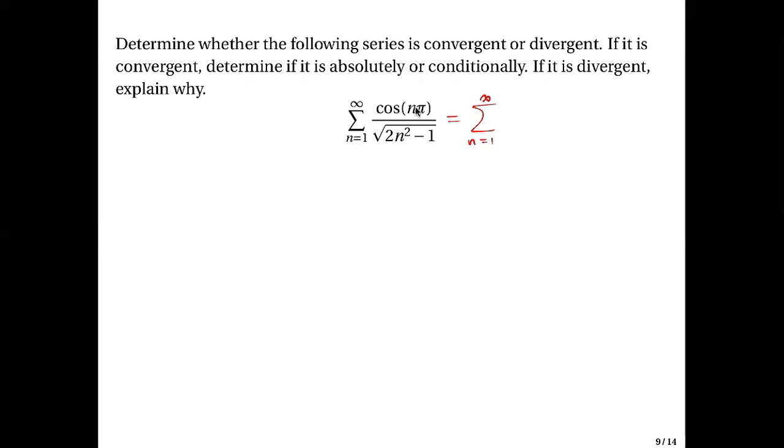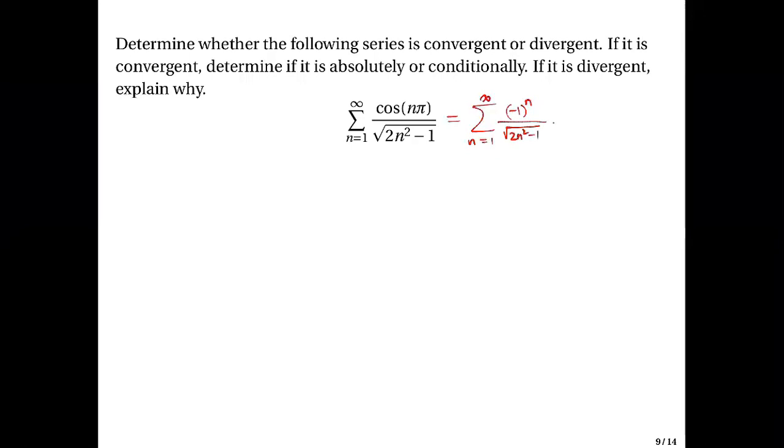Cosine n pi is just negative 1 to the n. When n equals 1, negative 1 raised to 1 is still negative 1. And on the denominator, you have square root of 2n squared minus 1.